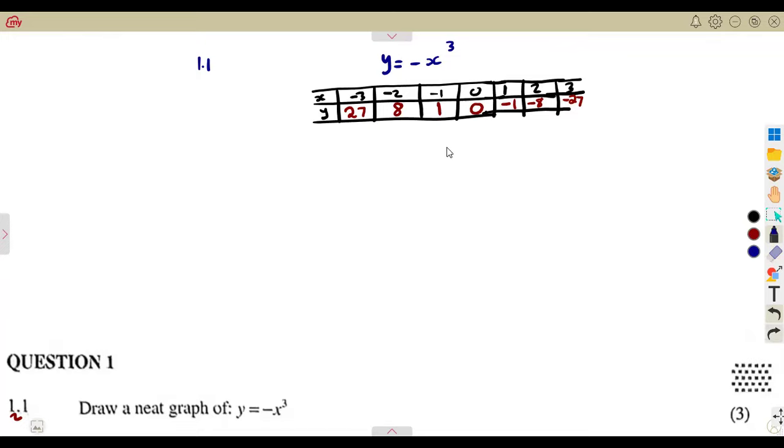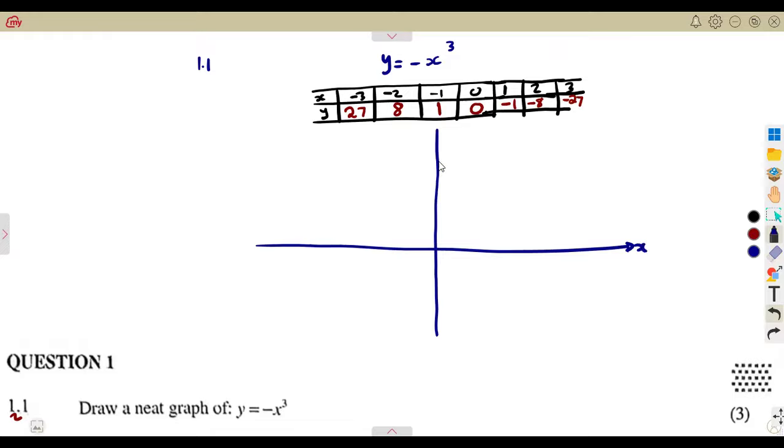Let us just have a smaller Cartesian plane to represent. So that's our x and y. From the x values, we can just indicate, let's say this is 0, this is 1, this is 2, this is 3, and -1, and -2, and -3. And on the corresponding values, you can just use 5, 10, or you can use any scale that you are capable of.